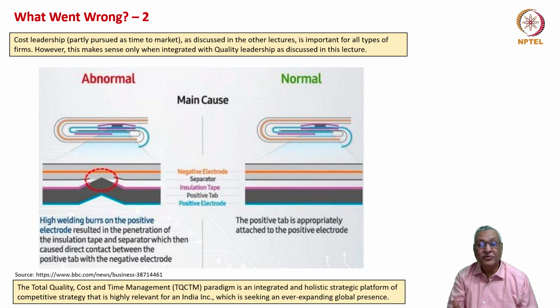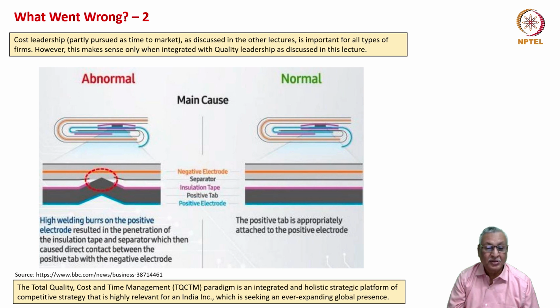You can see the normal configuration and you can see the distorted configuration. In the normal configuration, the positive tab is appropriately attached to the positive electrode, and this required a detailed investigation and not replacement of one battery by another battery, because design has been at the core of the misbehavior of the battery.